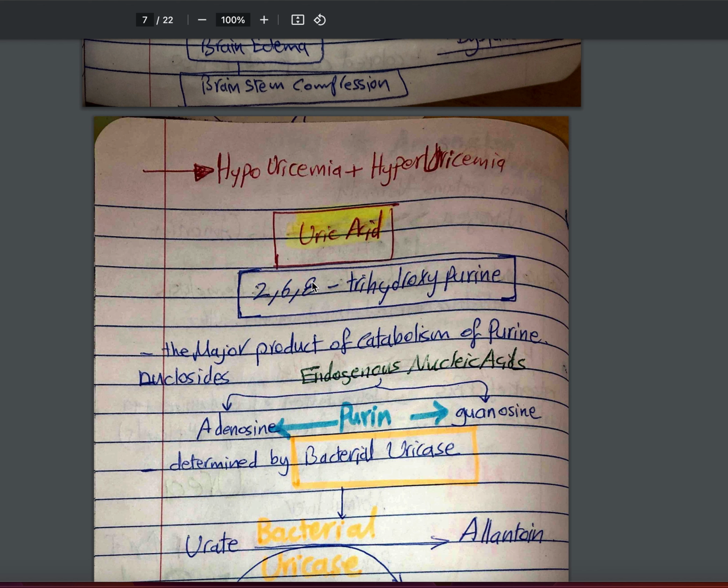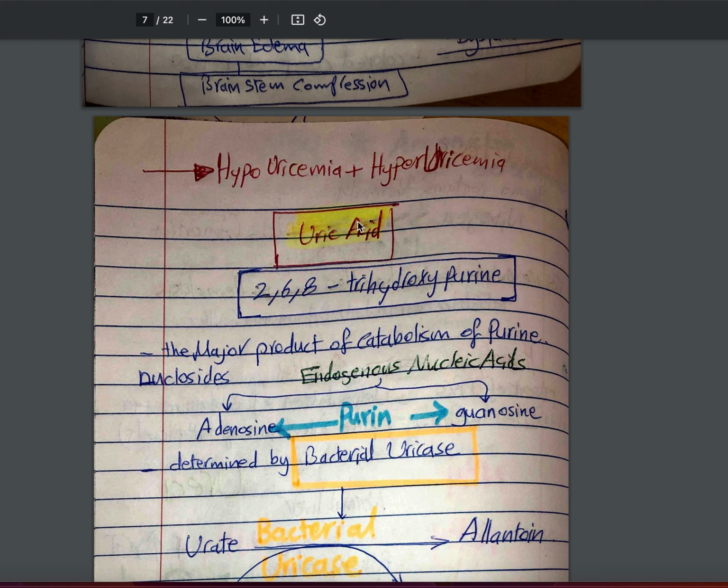It's called 2,6,8 trihydroxypurine. Why do we say trihydroxypurine? If you just remember that the uric acid is 2,6,8 trihydroxypurine, then you understand that purine leads to the uric acid.